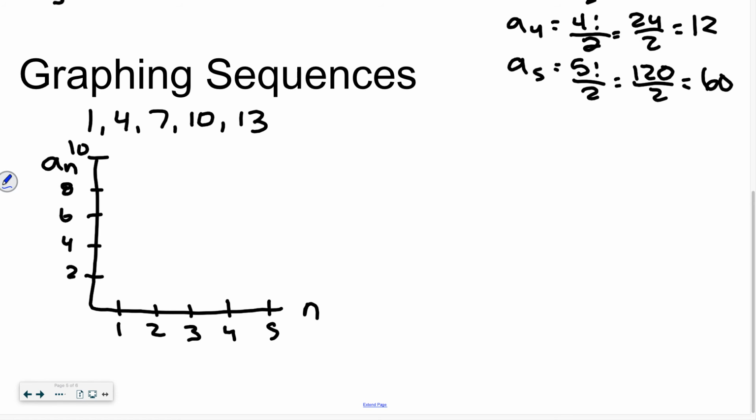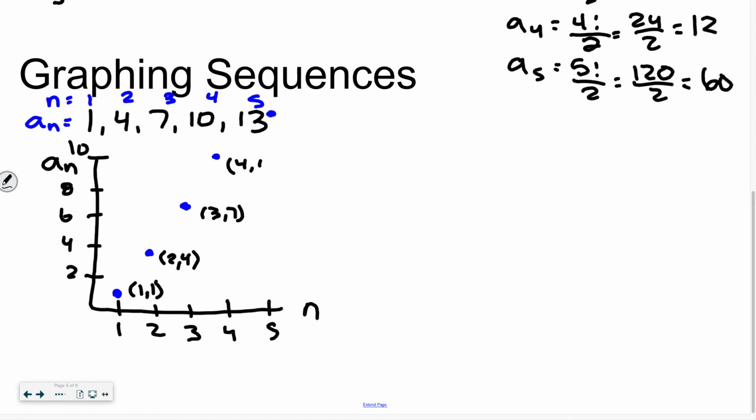Here, my n values, so these are my a sub n's, my n values are 1, 2, 3, 4, and 5. So I would have (1, 1), (2, 4), (3, 7), (4, 10), and (5, 13) would be somewhere up there.